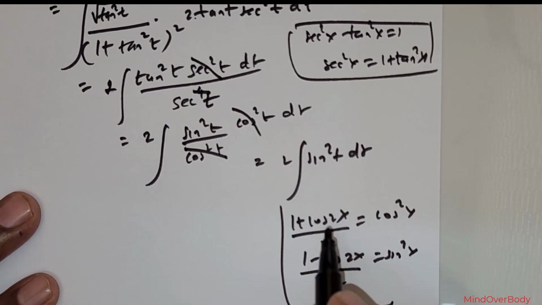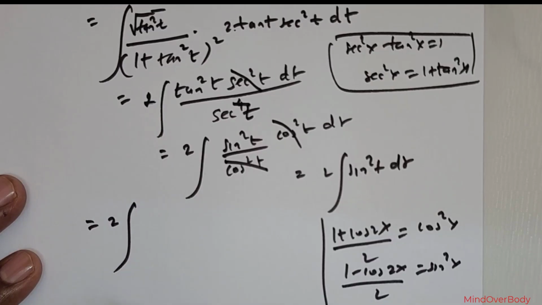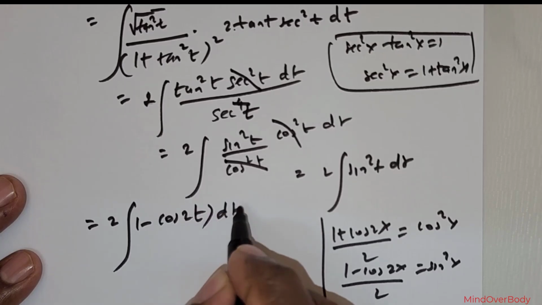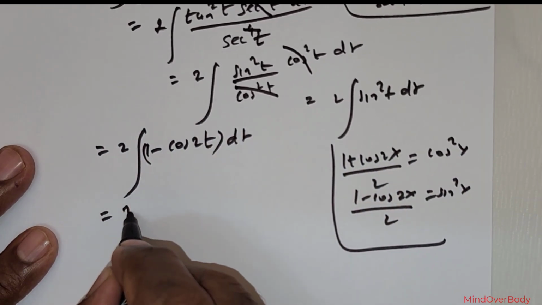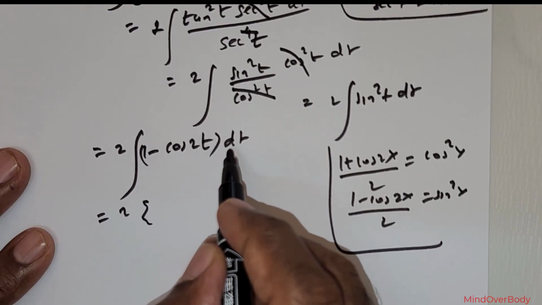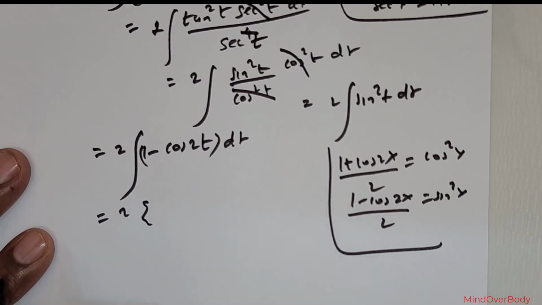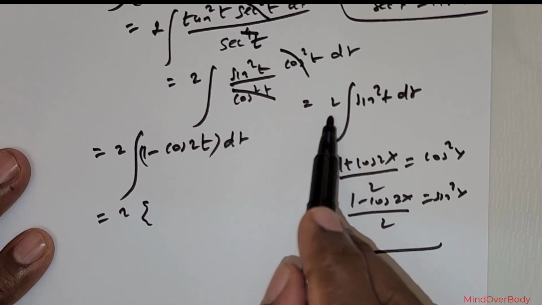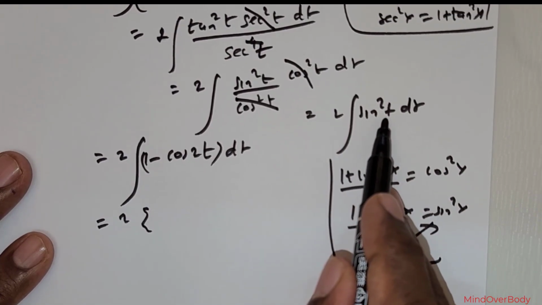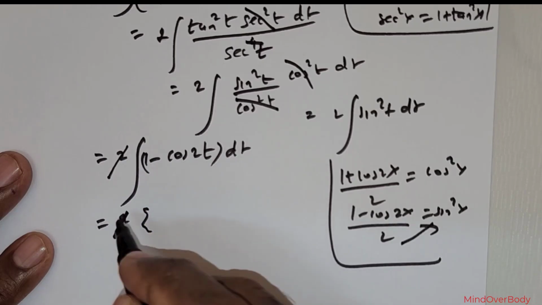So utilizing this formula, this is going to be 2 times the integral. In place of sine squared, I'm going to have (1 - cos 2t) times dt. You perform the integration. Actually the 2 goes off because 2 times sine squared t, right? So we don't have to place this 2. So this 2 goes off.